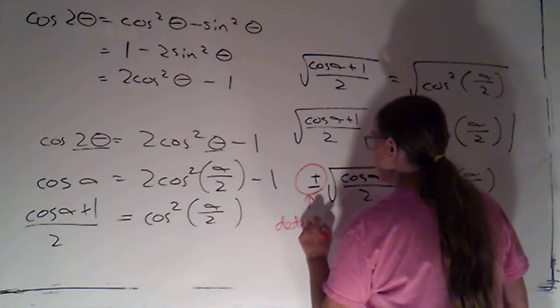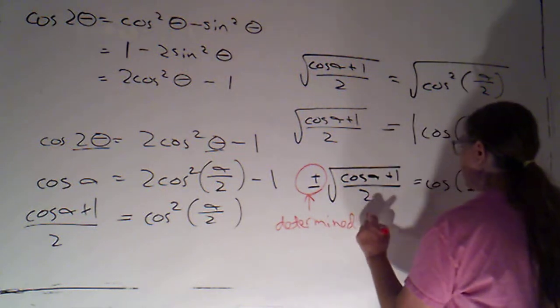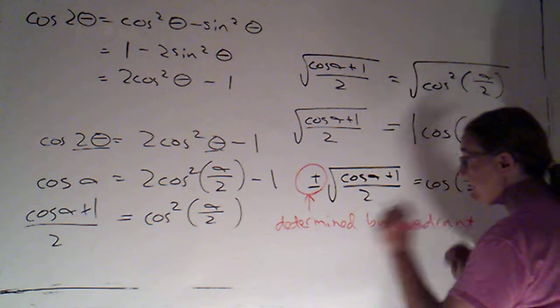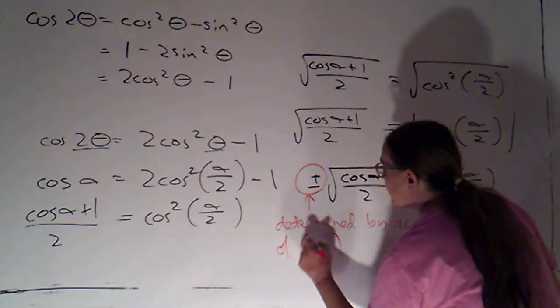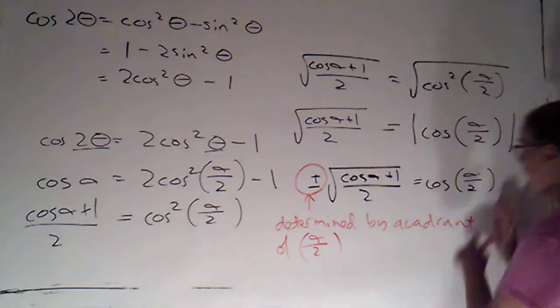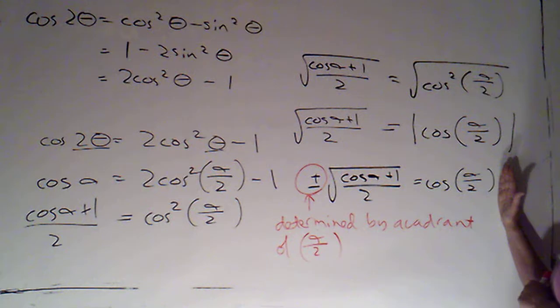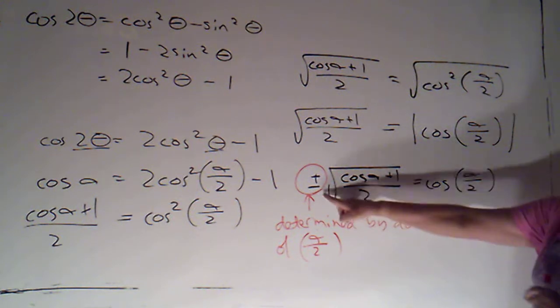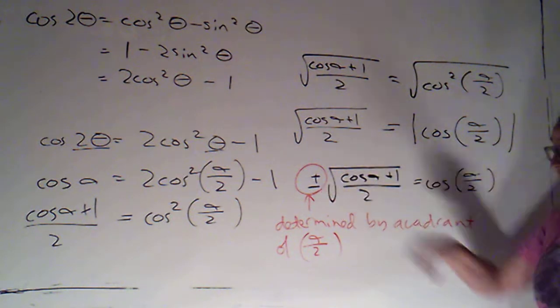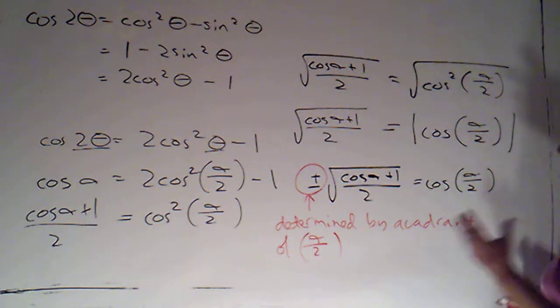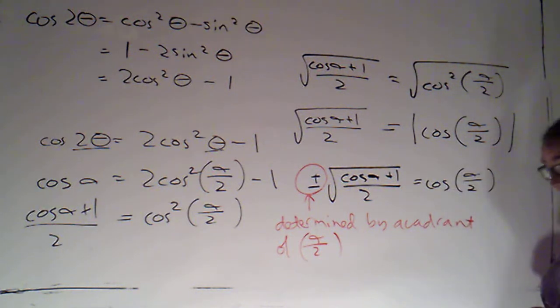So the plus or minus sign is determined by the quadrant, not of alpha, but of alpha over 2. Because that's the thing whose cosine we're calculating with this half angle formula. Okay. So super important to remember that the plus or minus sign is uniquely determined. We just have to pay attention to what quadrant our half angle is actually in.